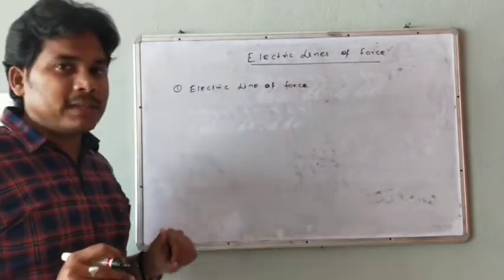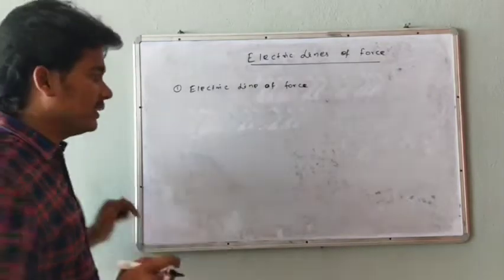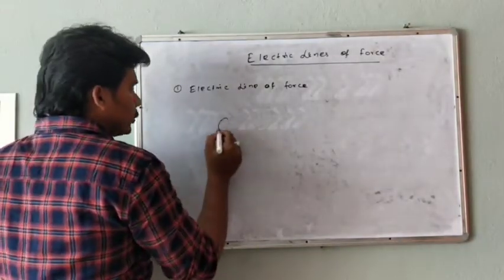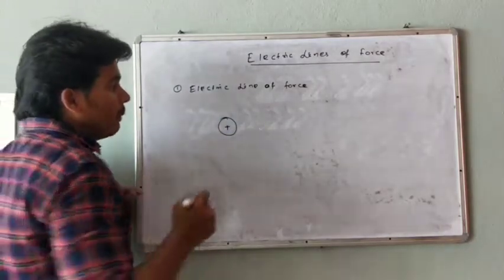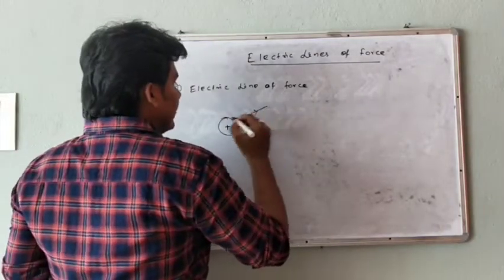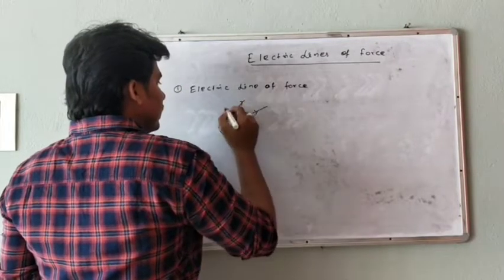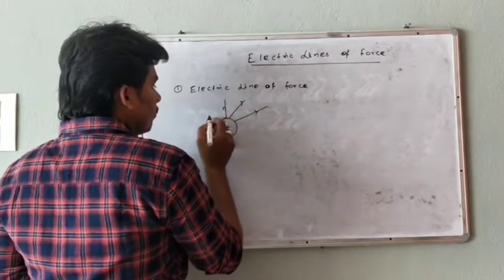And what are the properties of the electric lines of force? First property: if this is a single isolated positive charge, then the path will be outward.